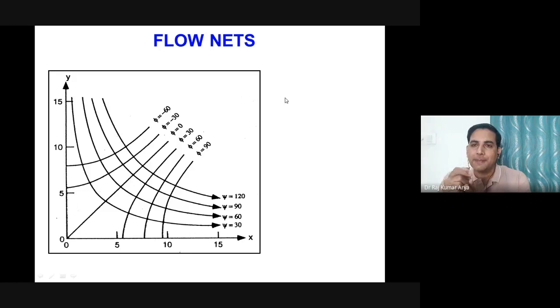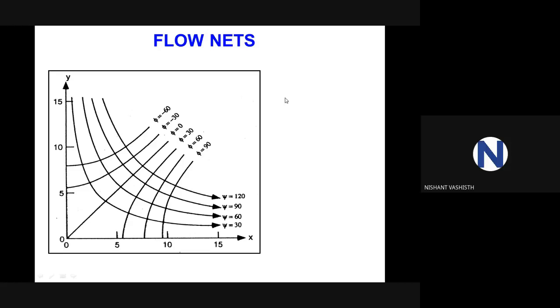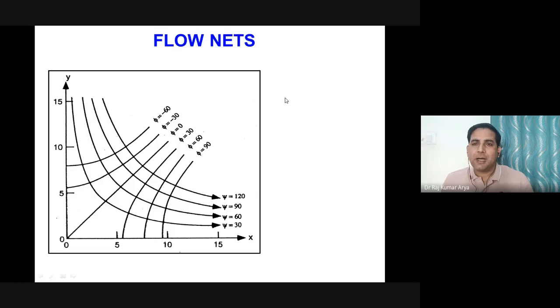Are you getting the point? Because your flow rate is the same between two streamlines, wherever the streamlines are far away, you decrease the velocity to compensate, because finally velocity into area is just the flow rate.